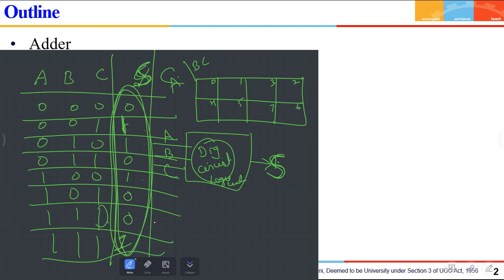Okay, anyway, we'll check it, no problem, don't worry, okay? We'll see, we'll get the expression. Expression, we should get it as A XOR B XOR C. If you don't get that, then this is wrong, okay? Now, where should you put 1?